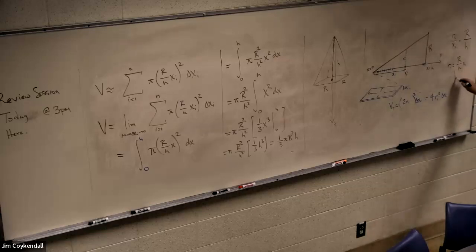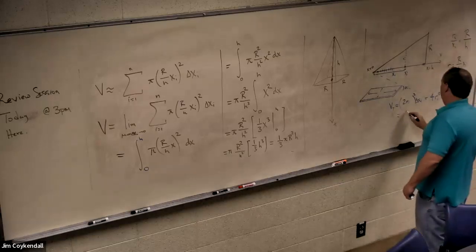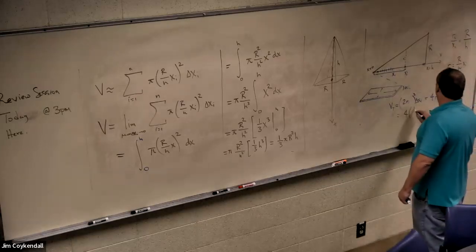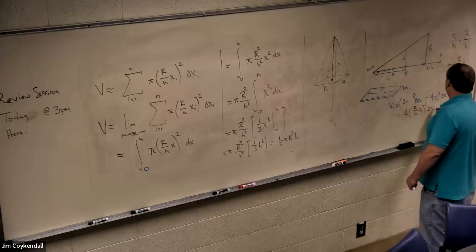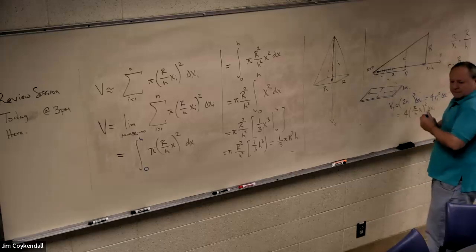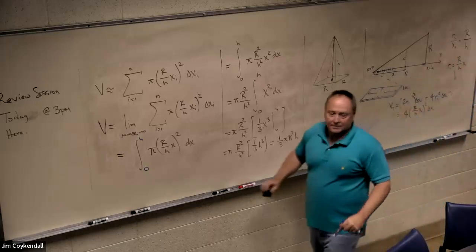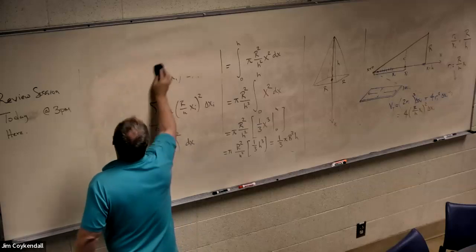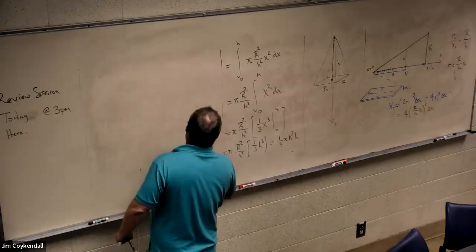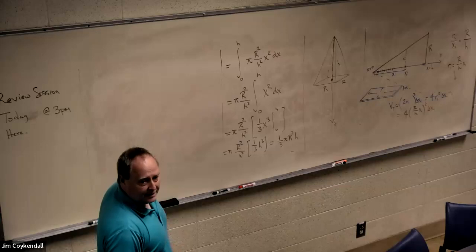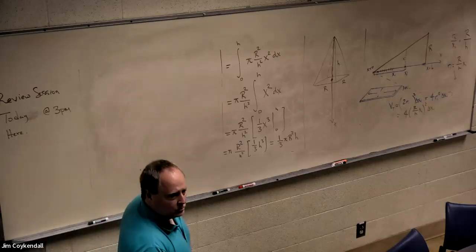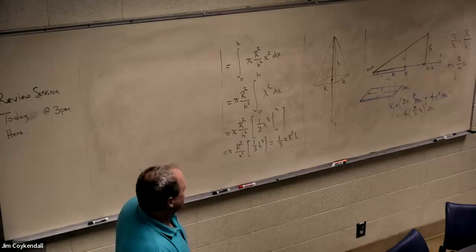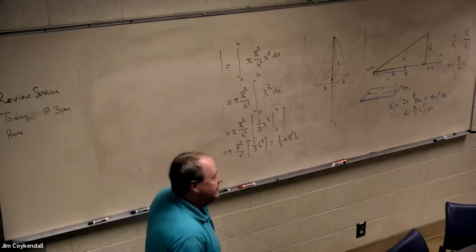So combining this, I get 4 R squared over H squared, xi squared, delta x. Any questions? Okay.